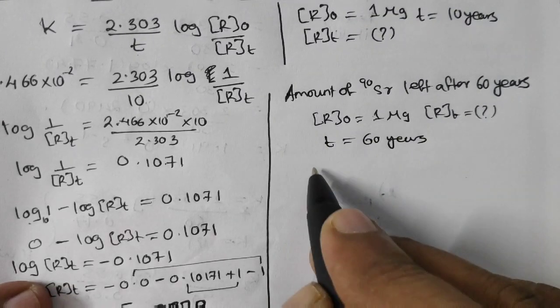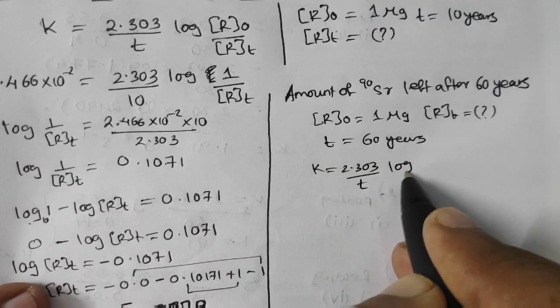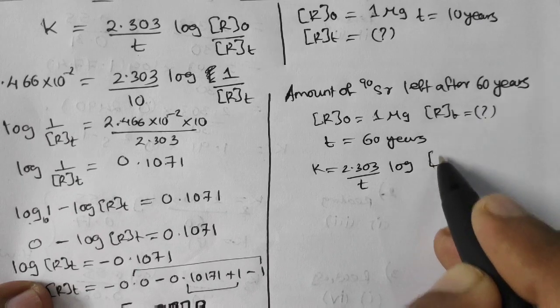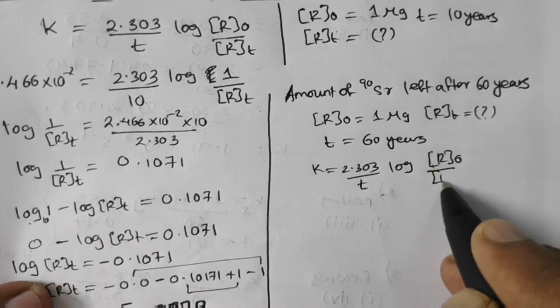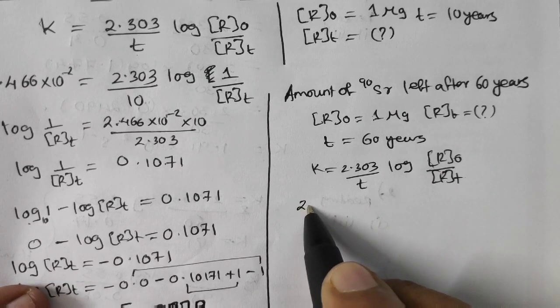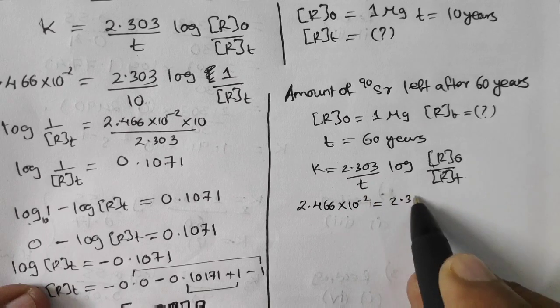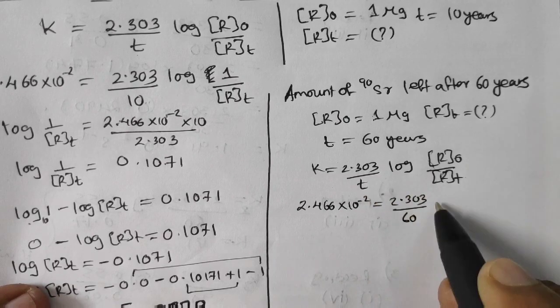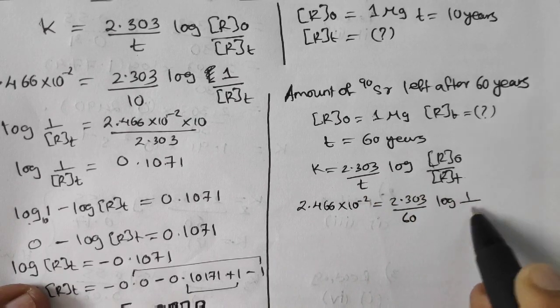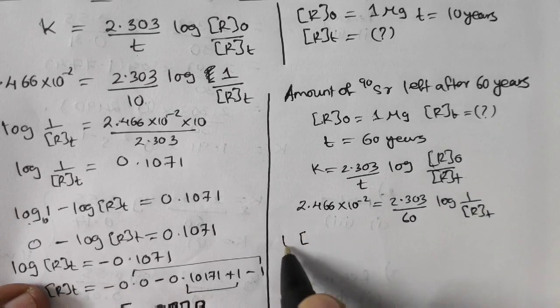So if you substitute in the formula, K is equal to 2.303 by T log R0 by RT, it will be 2.466 into 10 raised to minus 2 is equal to 2.303 by 60 into log 1 upon RT. Clear?